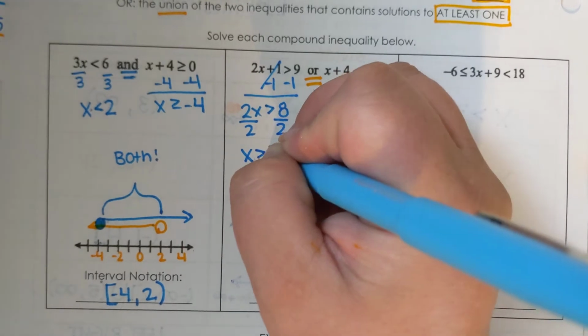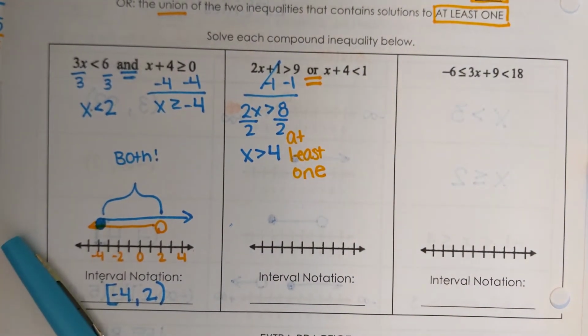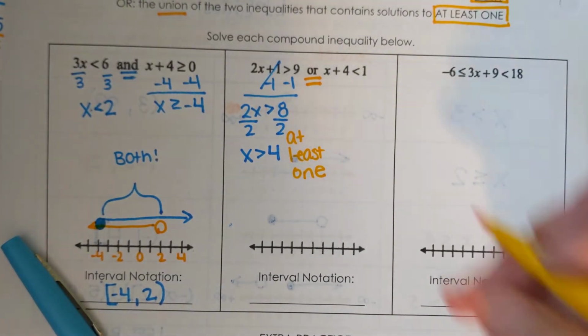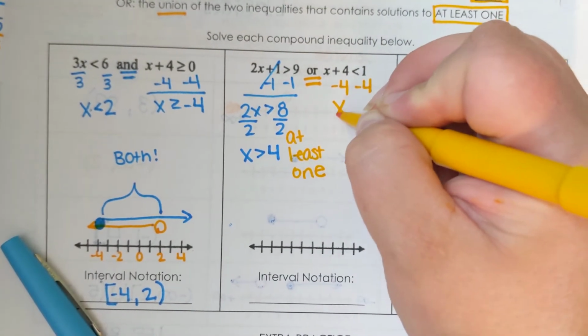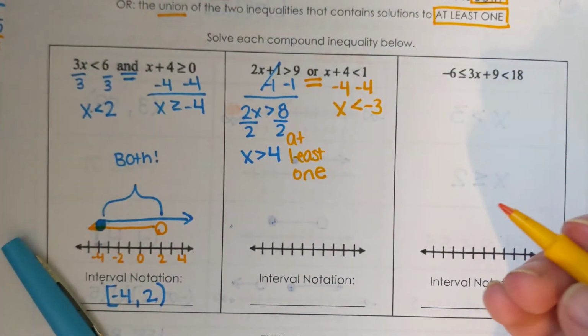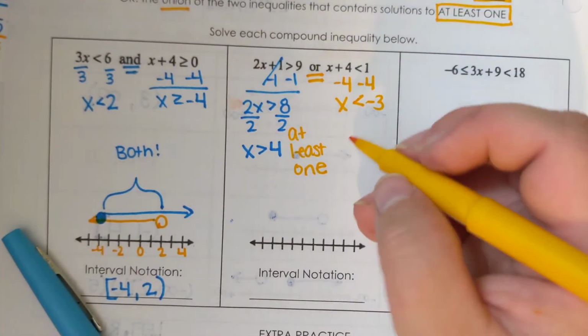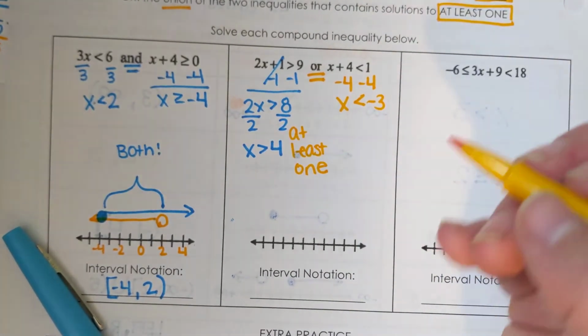X is greater than 4. That's one of my options. And then over here, I just need to subtract the 4. 1 minus 4 is negative 3. That's it. So I've got x is greater than 4 or x is less than negative 3.